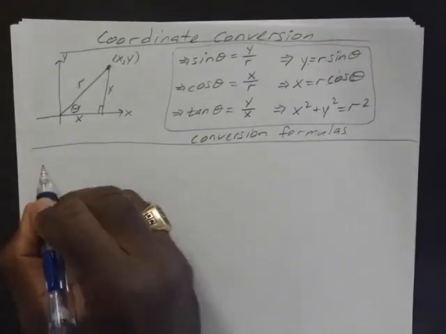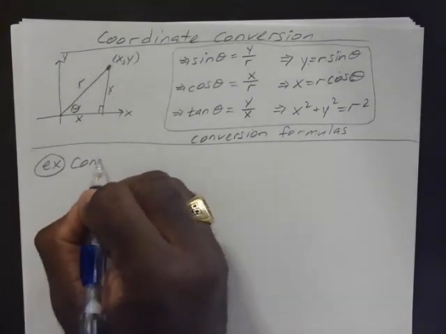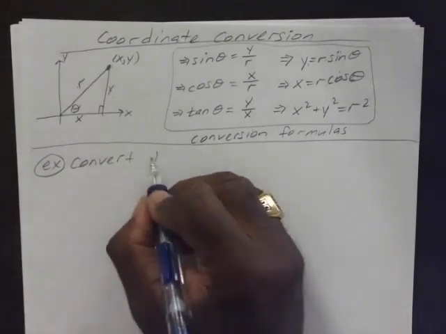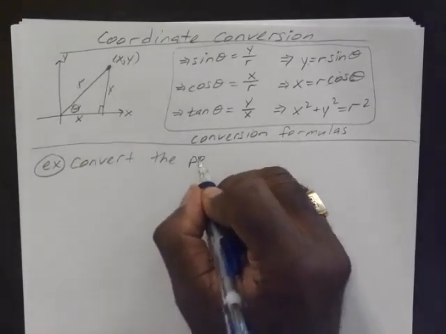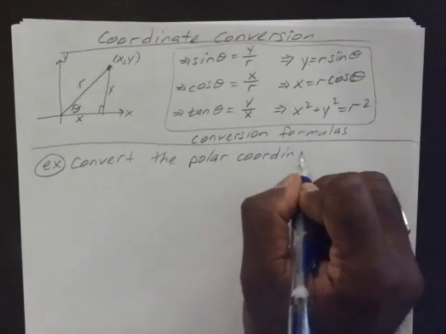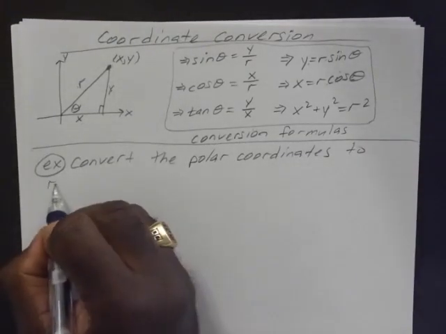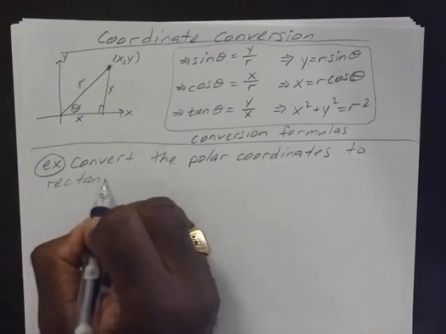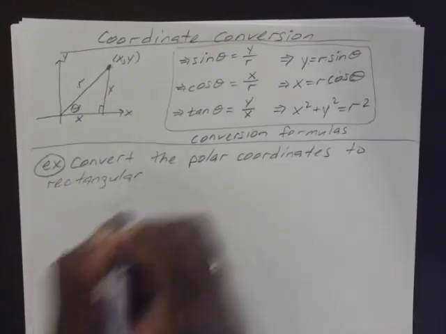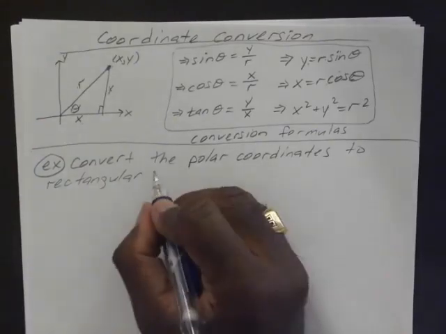Okay, so let's say, for example, we wanted to convert the polar coordinates to rectangular. And remember, they might say convert them to rectangular or Cartesian coordinates.